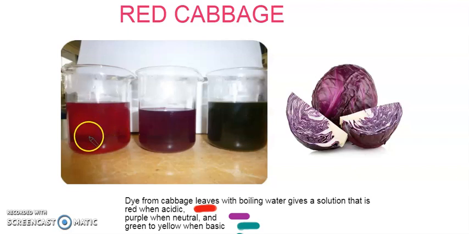When you add an acidic substance, it remains red, when you add a neutral substance, it is purple, and when a basic substance is added, it turns greenish to yellow. So the red cabbage indicator will tell you, according to the color, whether it's an acidic or basic substance.